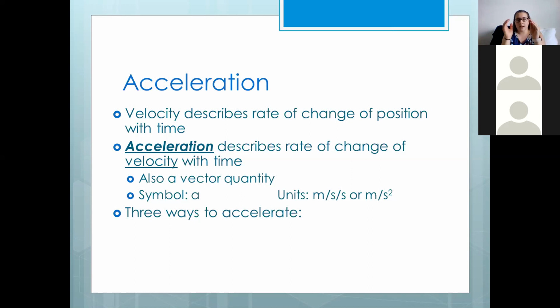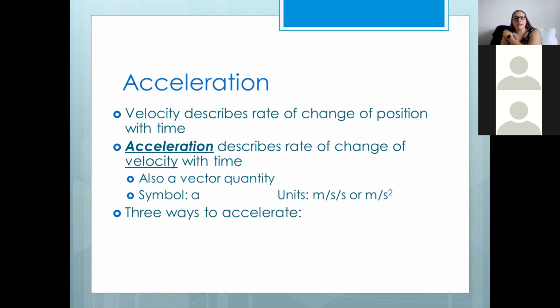So meters per second gets simplified to meters per second squared. That's the most common unit that we'll see with that. It could also be feet per second, or miles per hour per second, depending on what makes the most sense for each scenario. But meters per second squared is the most common one that you'll see.